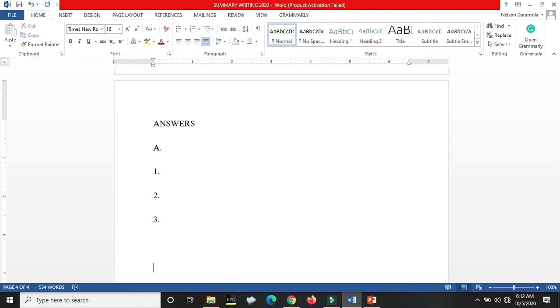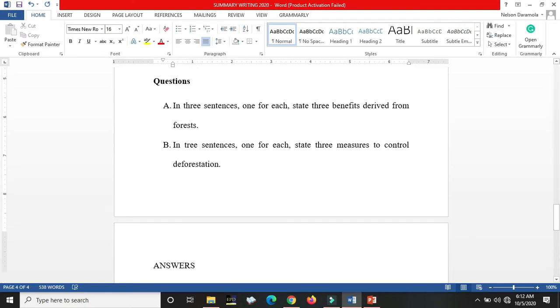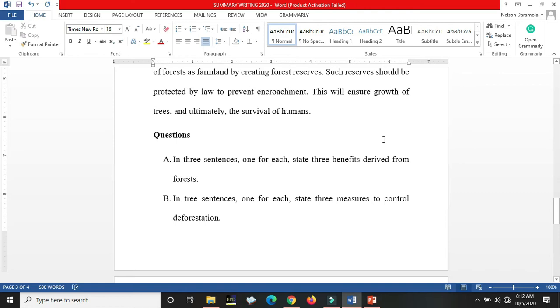Now for B, we have 1, 2, and 3. So I'll get that prepared. So we have 3 sentences and 3 sentences. So let's see how it goes.